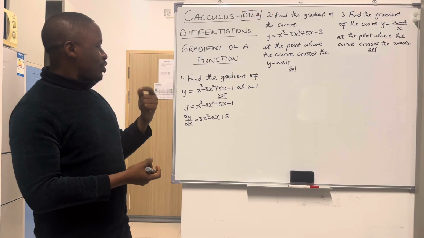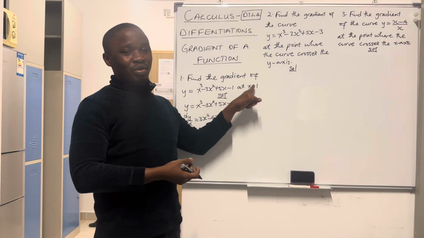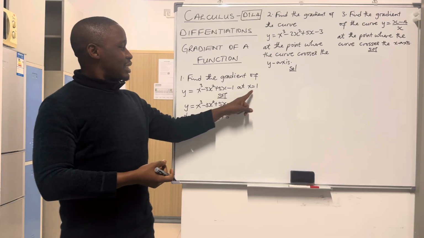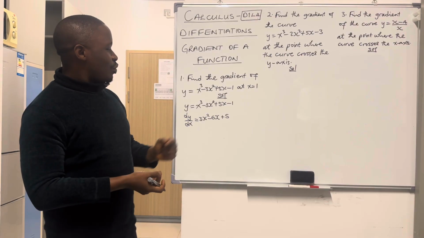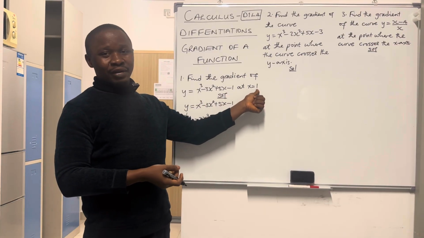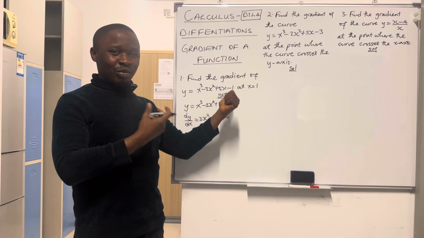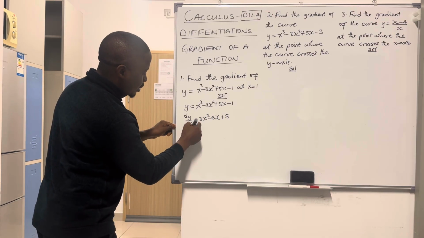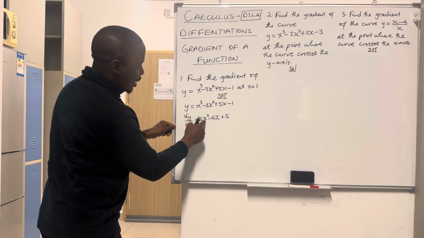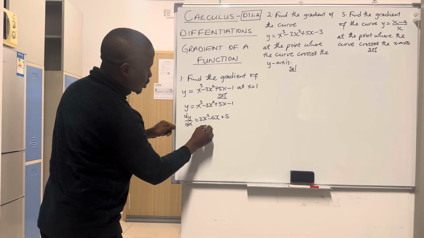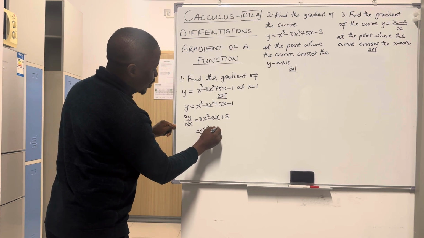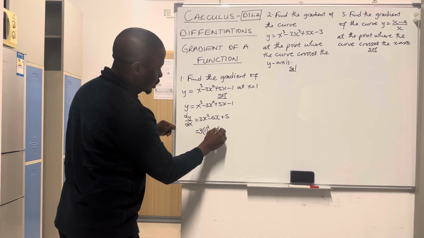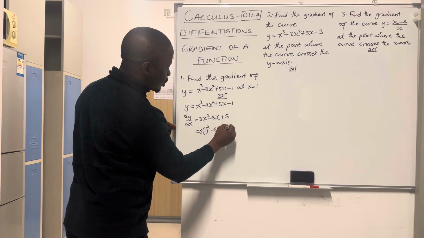But the question for us is at this point, so what do we do now? We substitute what? 1 for x. Wherever we see x, we write 1. So we say 3 multiplied by x, which is 1, squared, minus 6, x is 1, plus 5.